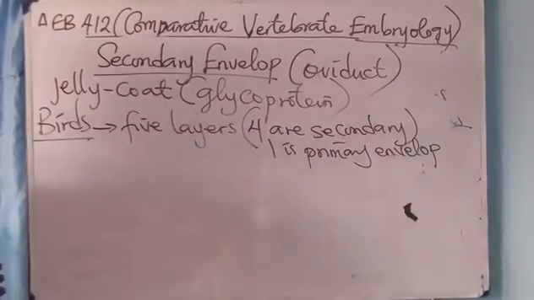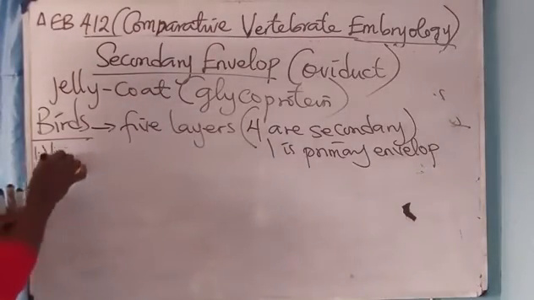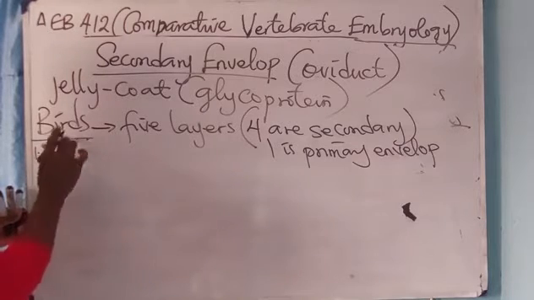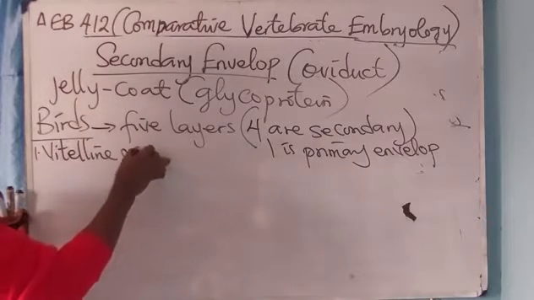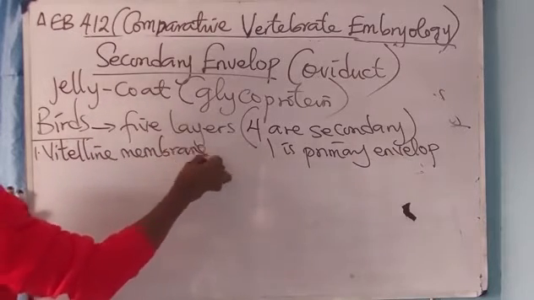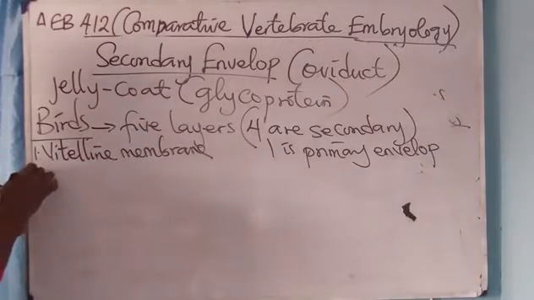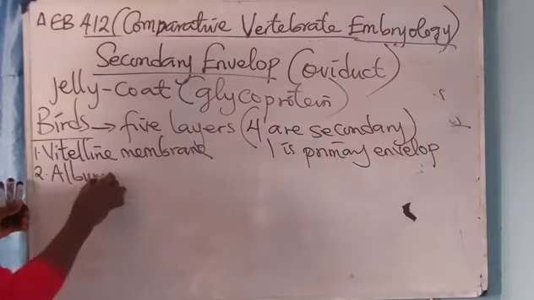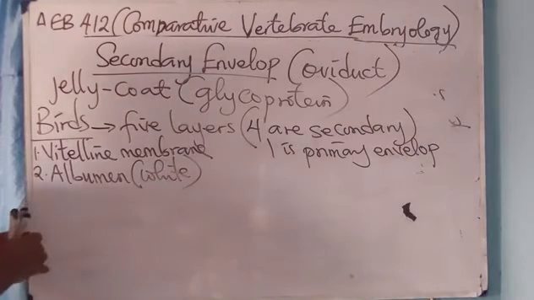Now, what are the 5 layers? You have the vitelline membrane. Of course, this is the primary envelope. I said we have only one among all the 5 membranes. Then 2, we have the albumen, which is actually the white part of the egg.